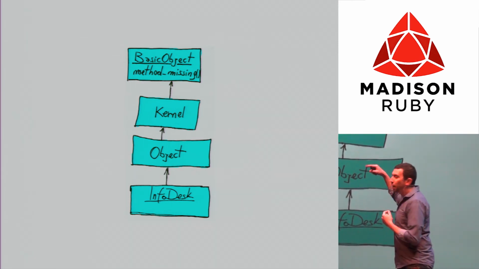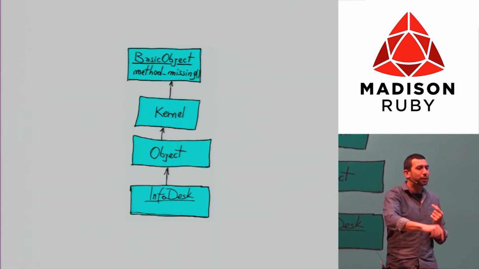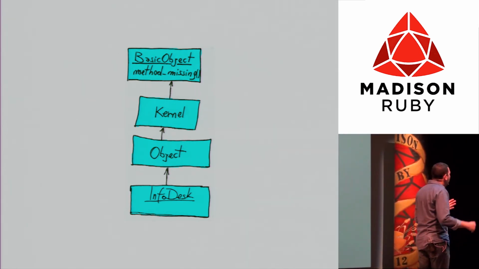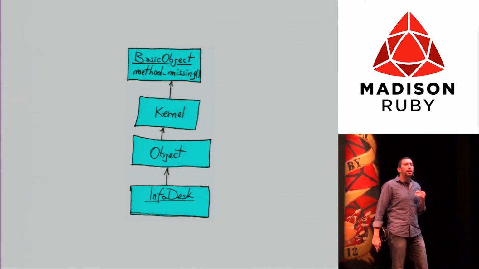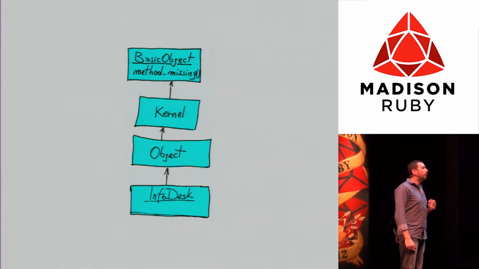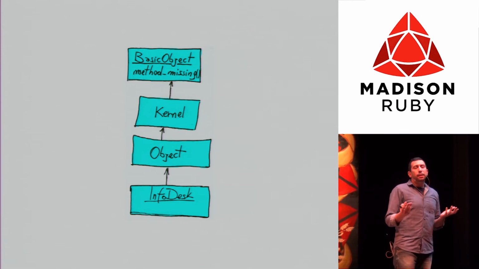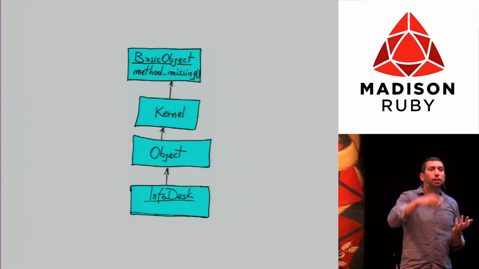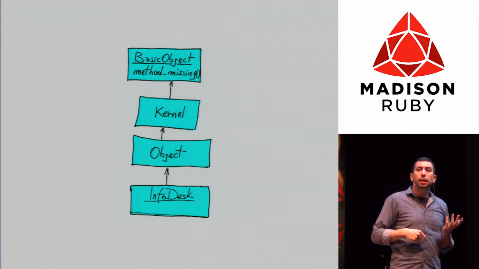It goes up the chain and blah, blah, blah, then it starts from scratch and calls method missing, which means that sometimes if you have a very, very long ancestors chain, and if you do a lot of calls to method missing, you might find your performance suffering for that. There is a lot of lookup going on.